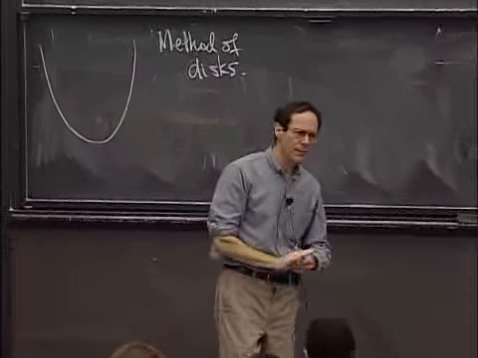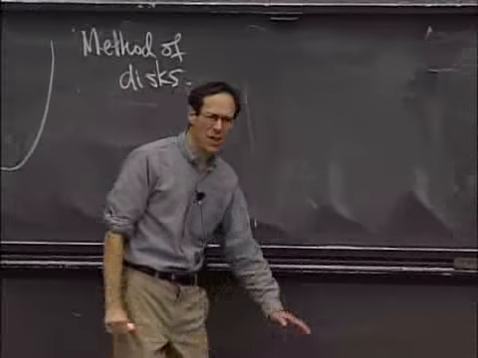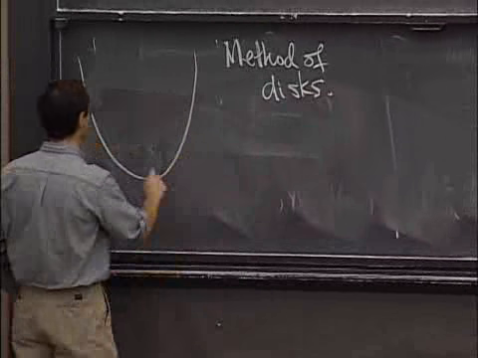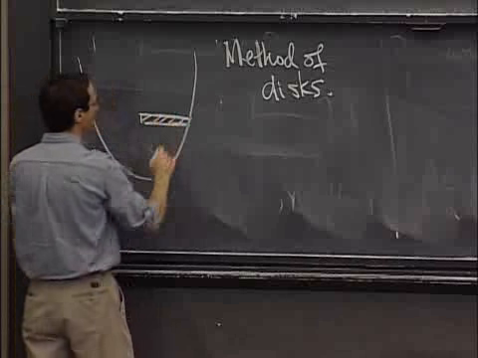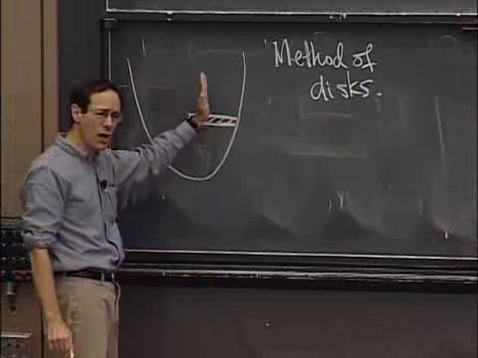You shouldn't think of the disks first, but what you should think of is the horizontal. We must use horizontals because T is constant on horizontals. It's not constant on verticals.